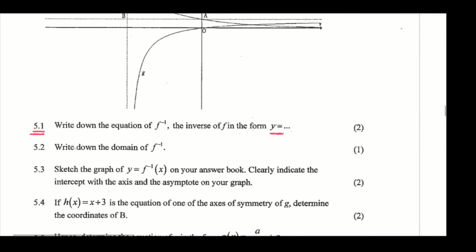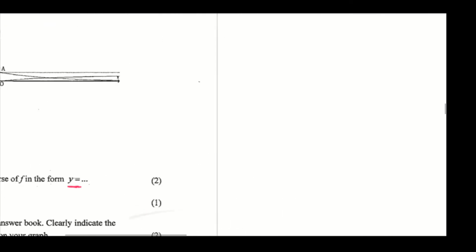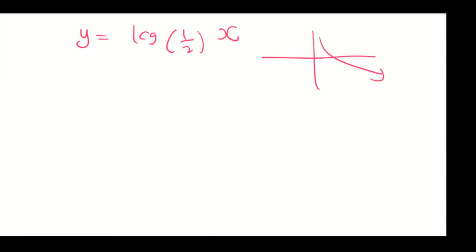Now in 5.2, we are asked to write down the domain of the inverse of f. To find the domain, we know that our inverse is y equals log base 1/2 of x. If you were to draw this inverse, you're going to have something looking like that. This is the y-axis, this is the x-axis.